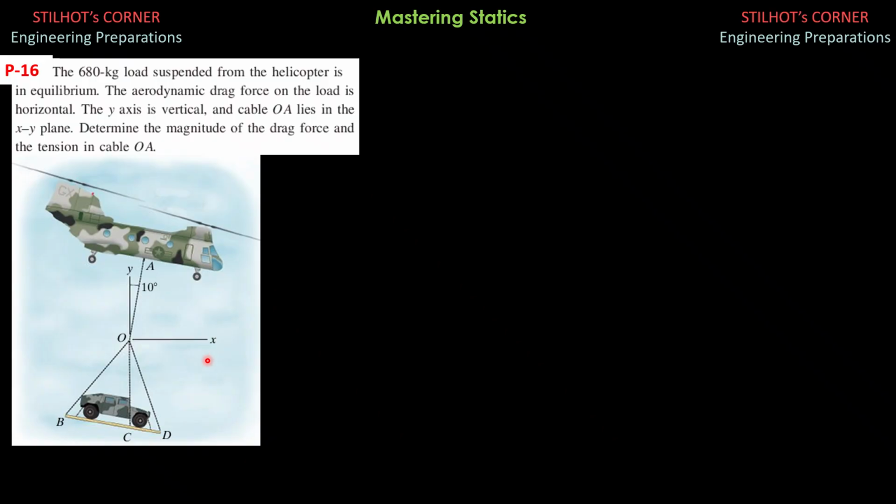So the free body diagram would look as the following. The weight 680 times 9.81, then we have tension OA and the drag force going to the left, D. So summation of forces vertical equals 0 to solve for tension OA. So tension OA cosine of 10 degrees minus 680 times 9.81 equals 0.